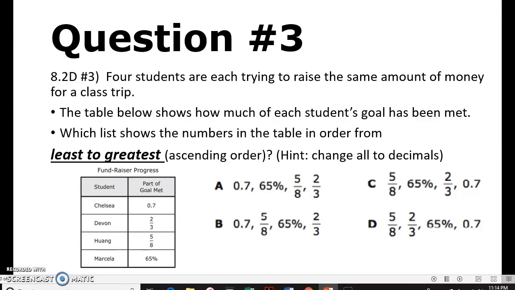Question number 3. 4 students are each trying to raise the same amount of money for a trip. The table below shows how much each student's goal has been met. Which list shows the numbers in the table in order from least to greatest, ascending order?